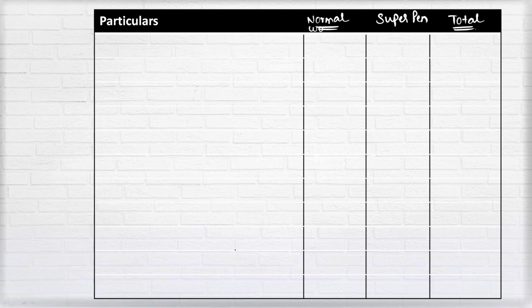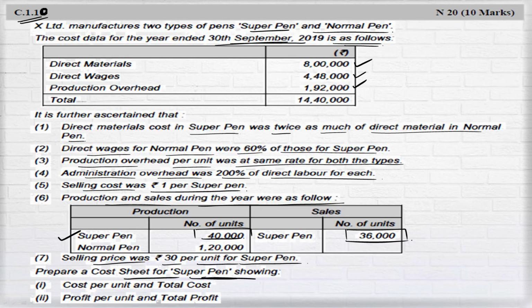But please understand that these are my working and this is my answer. So I am not required to total my working column, but I want the answer of super pen, right? Instead of preparing all the working notes separately, this is a good idea.